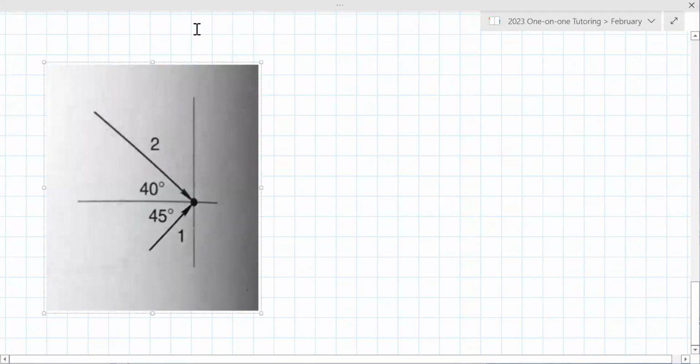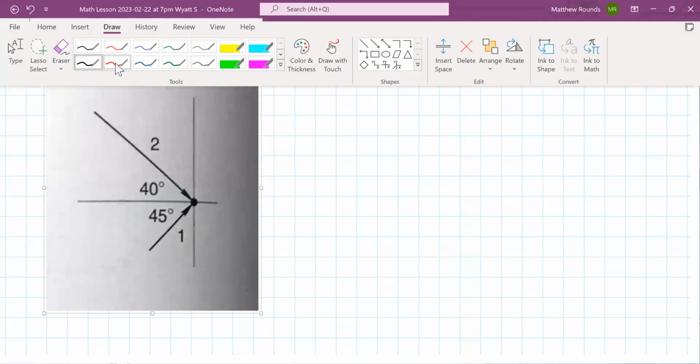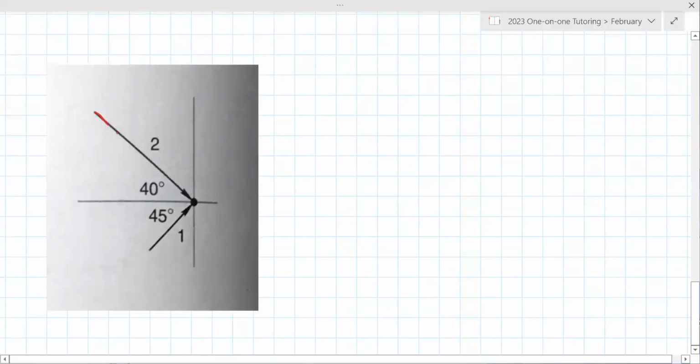All right, so the idea here is that this vector in red can be broken up into its vertical and horizontal components. And you do that using trigonometry.